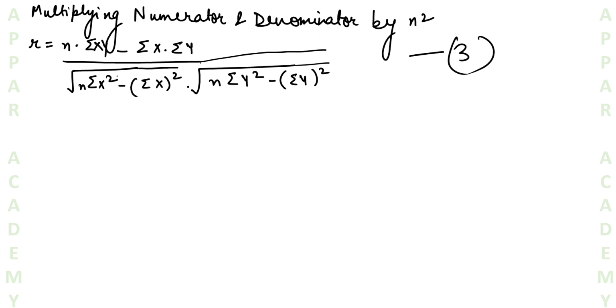So this is the most used equation. But sometimes what happens is we have data which is quite high in values, right? So in that case, what will we do? We have a large number of values and those values are quite high. So it becomes difficult to square them up.